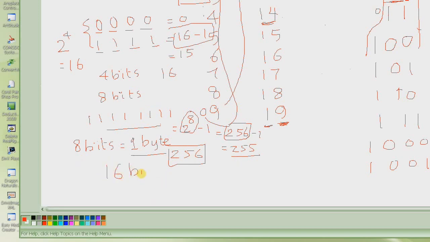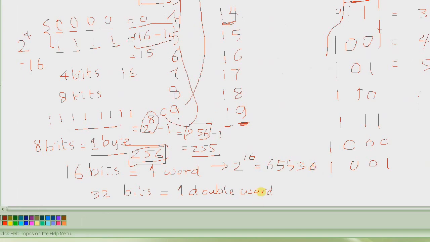Similarly, a collection of 16 bits is called 1 word, and 32 bits is called 1 double word. These are terms that you will hear again and again in programming languages and computer science everywhere. In 1 byte we could write 256 numbers. In 1 word we should be able to write 2 to the power 16, which is 65,536 numbers.